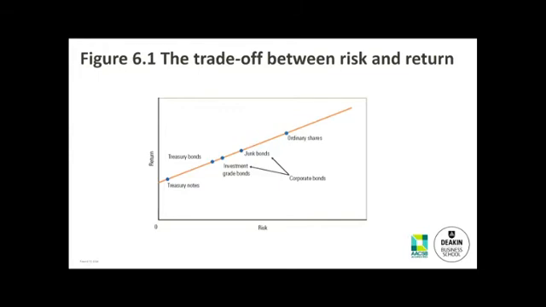Now, as you can see, where are bonds and notes? Bonds and notes: low risk, low return. Am I right? What about shares? High risk, high return. Can you see that? And as we all know, of course, shares are higher risk than bonds and debt items, as previously discussed in the first week.